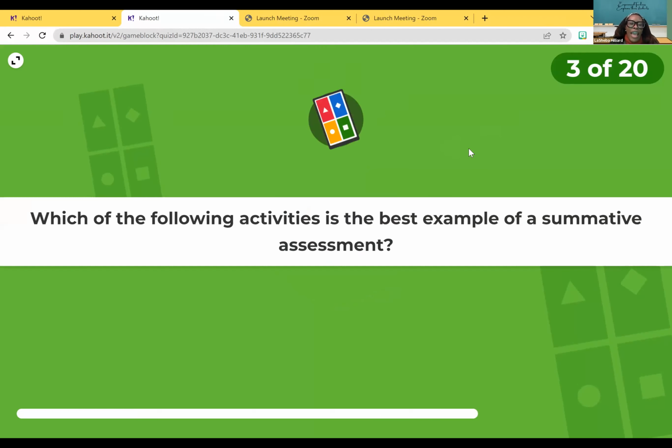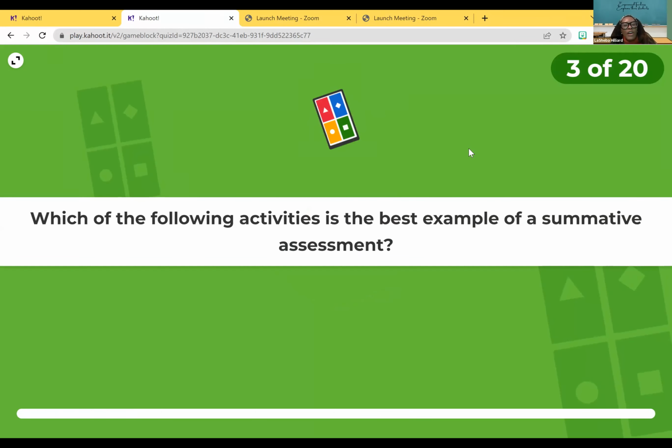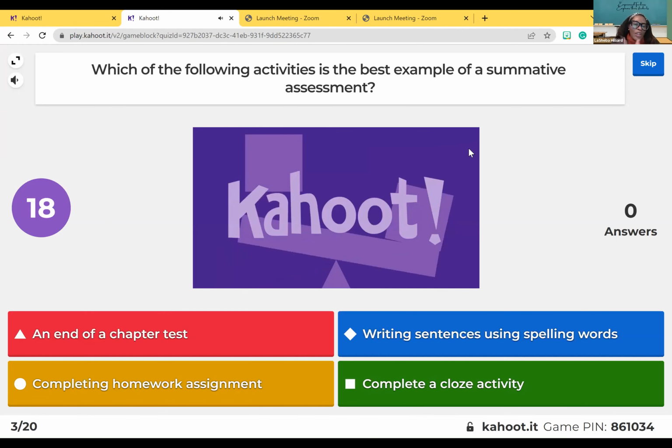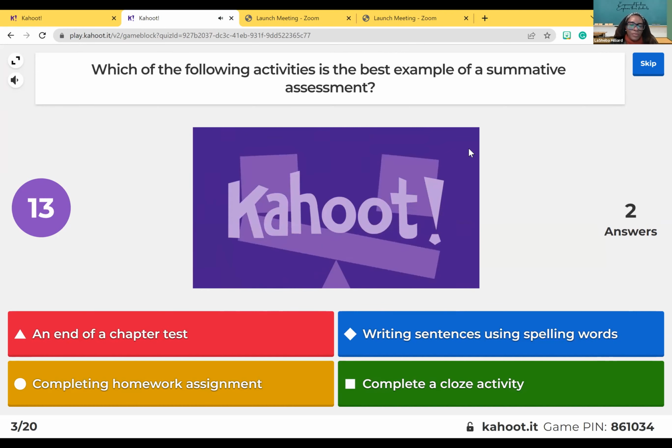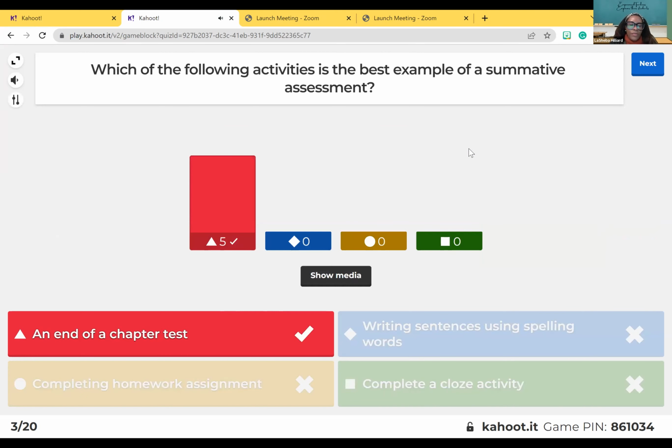Okay, which of the following activities is the best example of a summative? Yes, the end of a chapter test, the end of a unit. Very good.